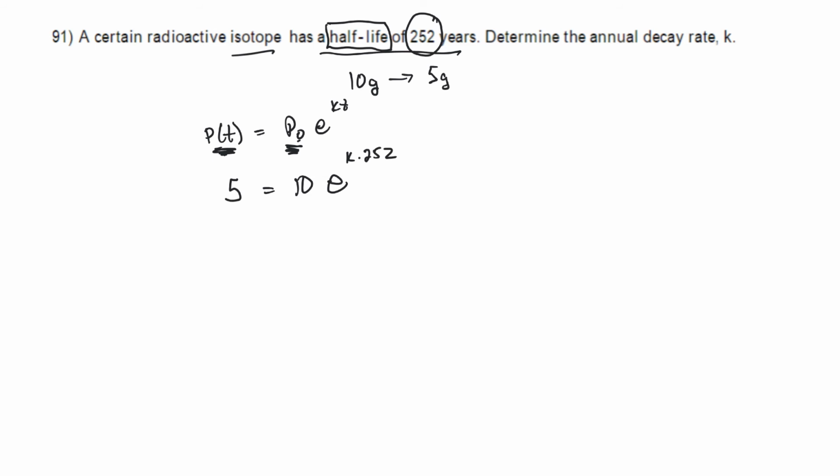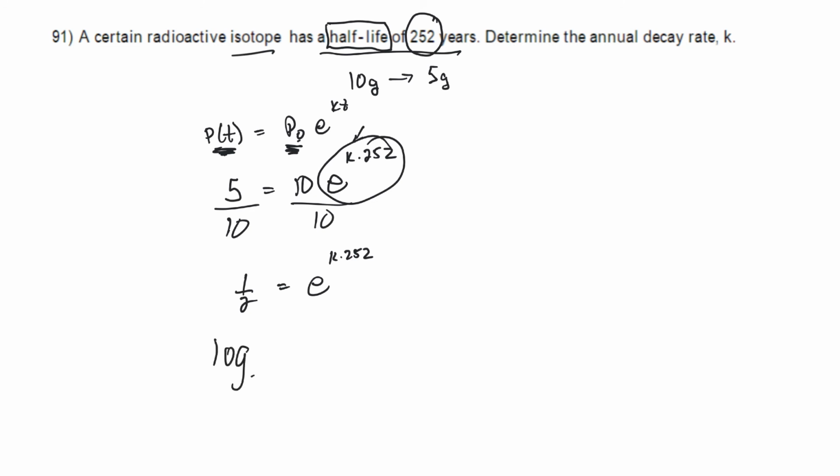And so there I've got an equation where I can solve for k. First thing I'll do is divide both sides by 10 to isolate this part. So I'll get a half is equal to e to the k times 252. And then I'll change it from exponential form to log form. So it'll be log base e of a half is equal to k times 252.